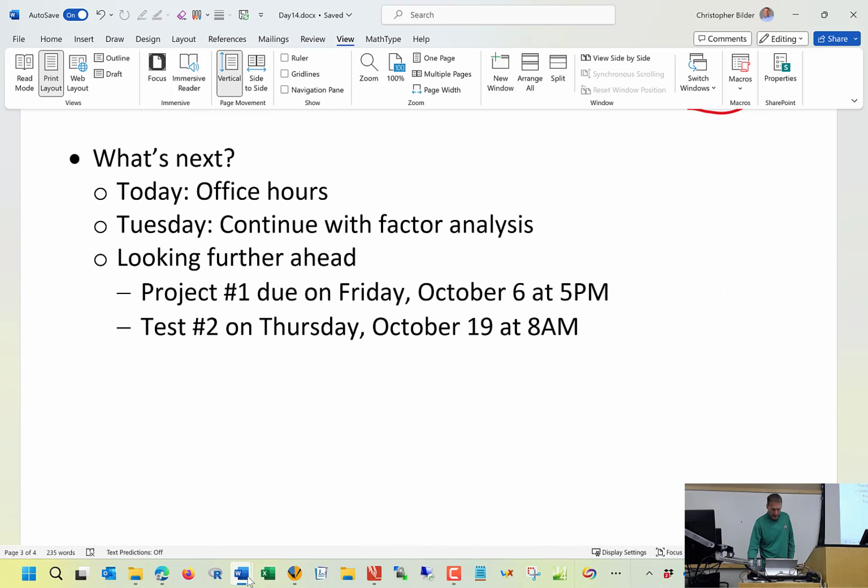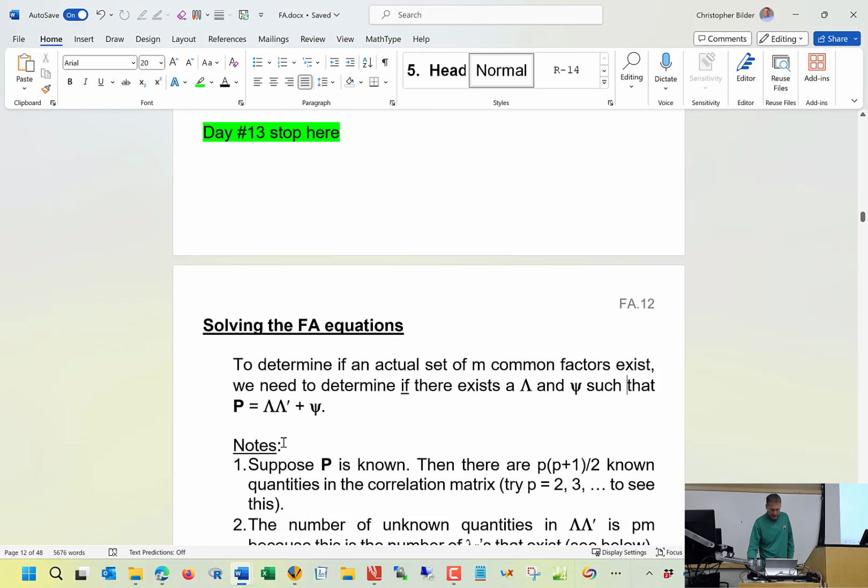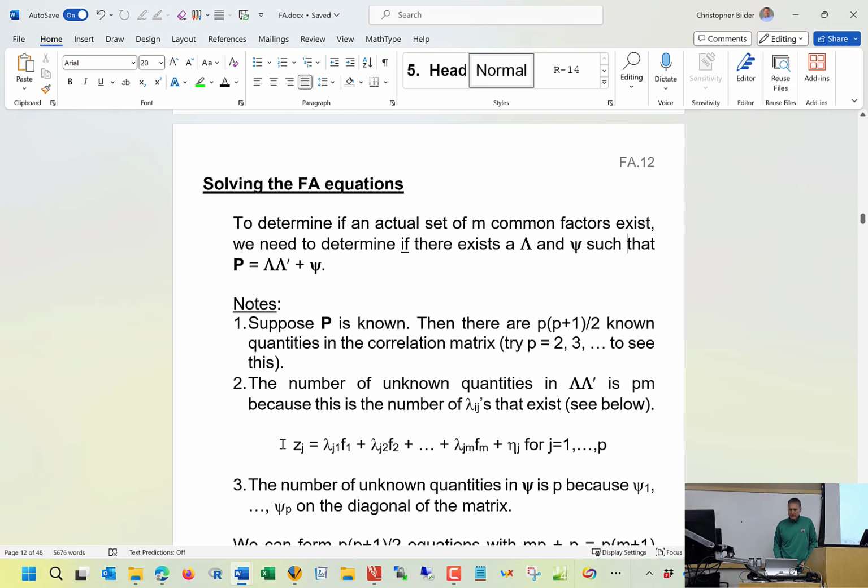Now let's go on to then our new material. We want to be able to eventually estimate these lambdas.